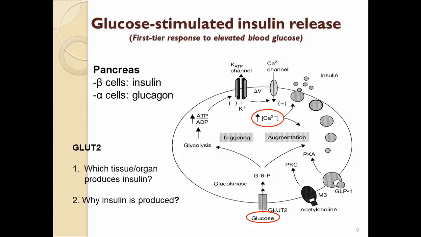The next step is the calcium channel opens, so calcium influx into the cell raises the calcium concentration inside. This increased calcium concentration triggers the movement of secretory granules of insulin and release of insulin, right? So try to remember the sequential events, which occurs first and which next.